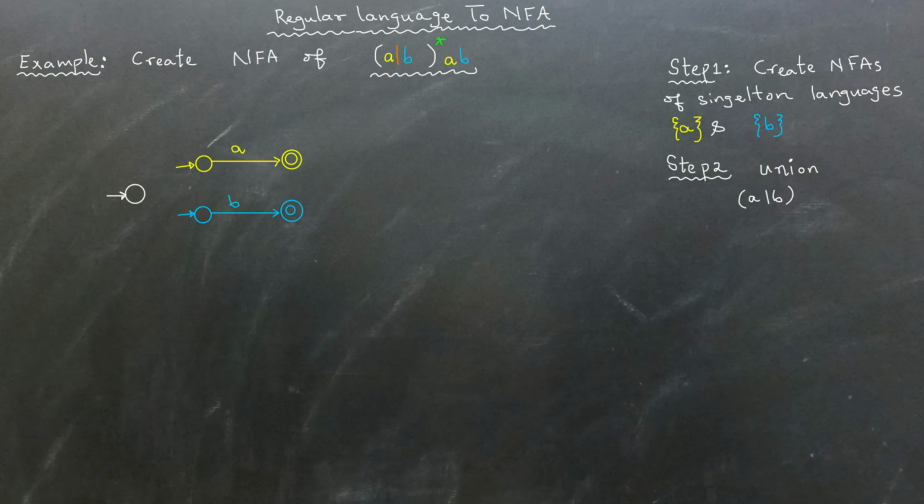We create a new start state, and from this start state we add epsilon transitions to the start states of both of the existing NFAs.